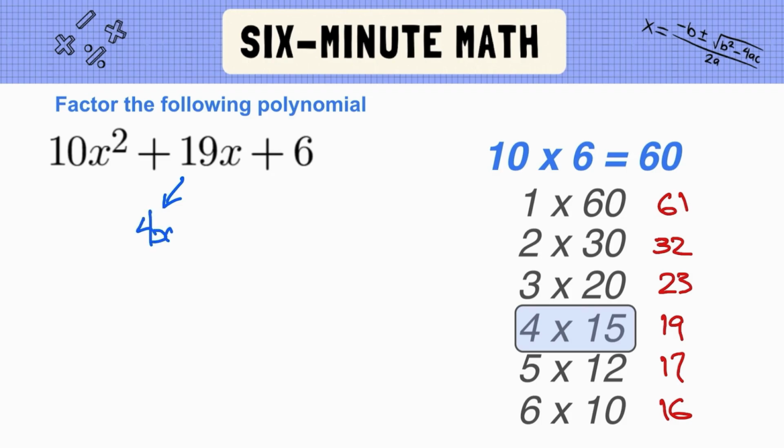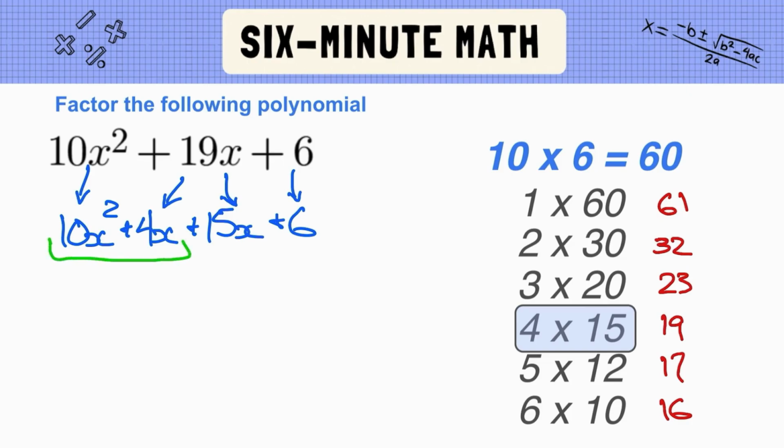Let's put our 4 first. We have 4x and 15x. And then we drop our a and c values. 10x squared, positive 6. Let's group here. 10x squared plus 4x. Well, I can take out a 2x, leaving me with 5x plus 2.